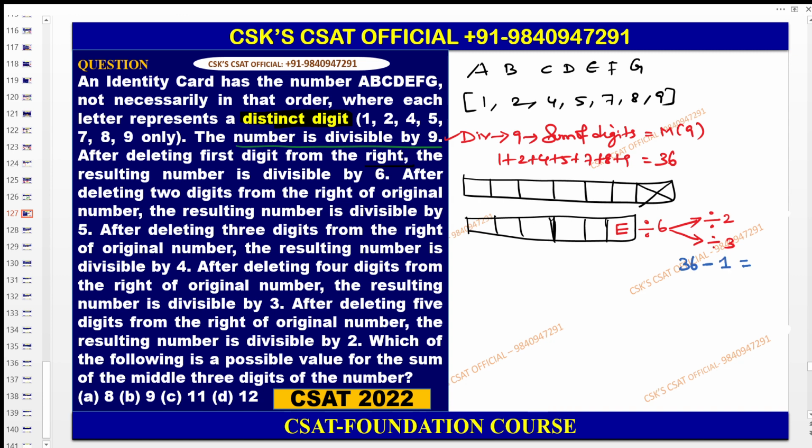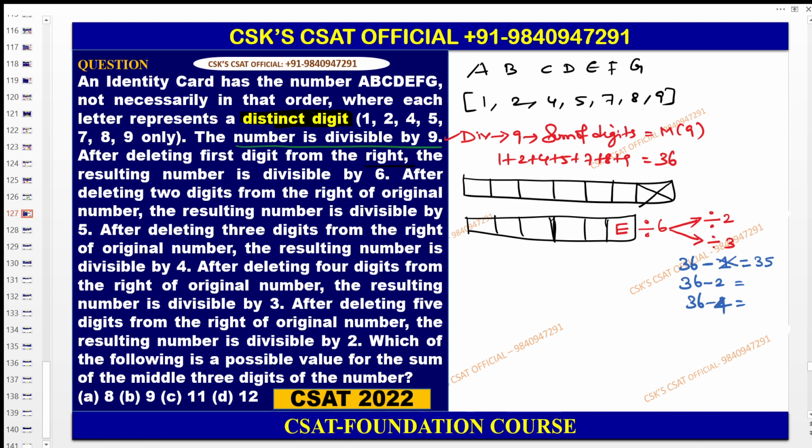Suppose you are leaving 1 here, then it becomes 35. It is not divisible. So therefore 1 is not in that unit place. Now 36 minus 2 is also not possible, 34. 36 minus 3 is also not possible. Check here, 3 is not in the question, so therefore not possible.